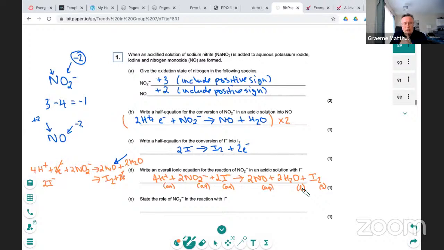I like that one. Anyway, state the role of NO2 minus in the reaction with I minus. Let's see. Well, I minus was oxidized. We know this because we've got electrons on the right-hand side. So I minus was oxidized and the NO2 minus was reduced.